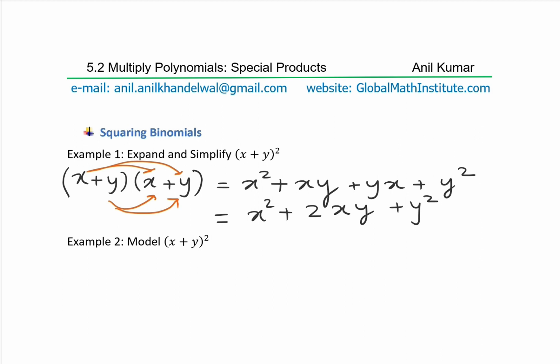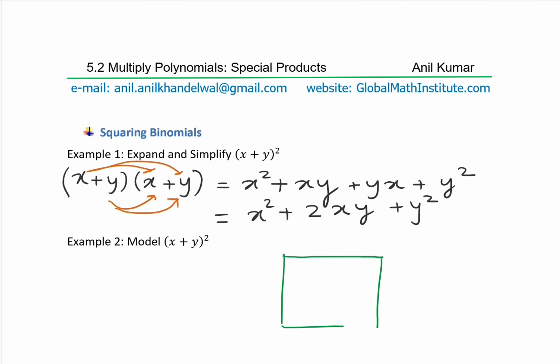Now let us also model this particular product using one of our modeling methods. You could use algebraic tiles or rectangles. So let us take a rectangle in this particular case. So it is basically a square which has two sides. One of them is x plus y. The other one is also x plus y.